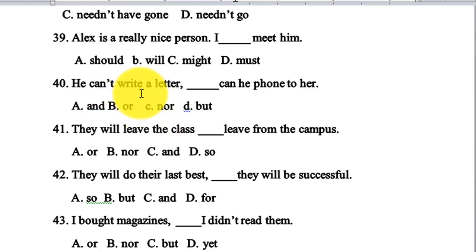Look here: he can't write a letter, which is negative, nor can he phone her. It begins with the verb: nor can he phone her. He did not write a letter and did not phone; he did neither. When both ideas are negative, we use nor. The clue is nor plus can plus he: subject-verb inversion.